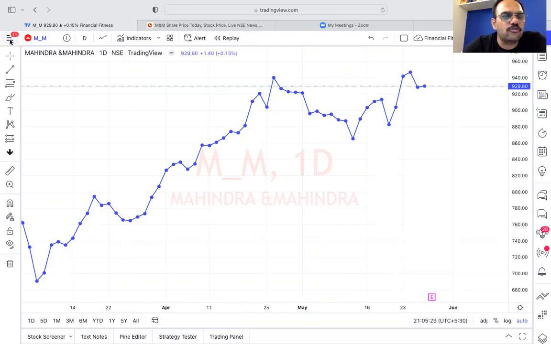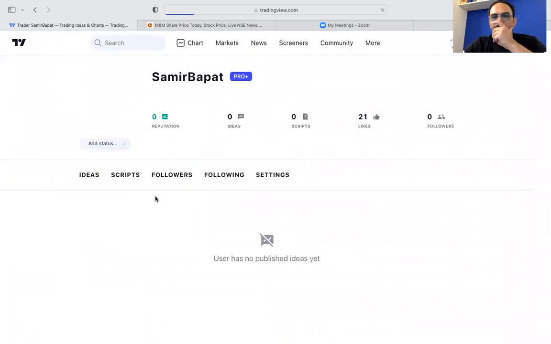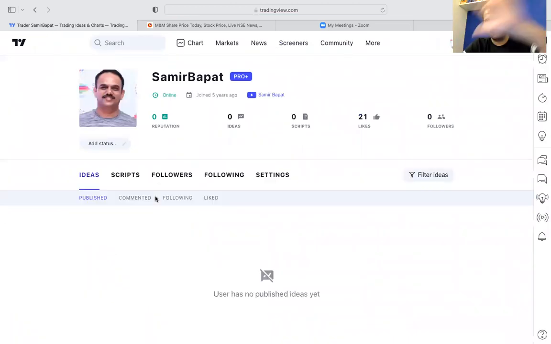So once you log in to TradingView, you will see a window like this. Okay, Ishita is saying I have it on Moneycontrol. I would recommend opening it on TradingView as well, because I'll be taking all my classes on TradingView.